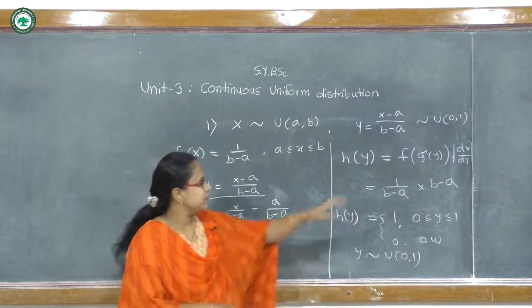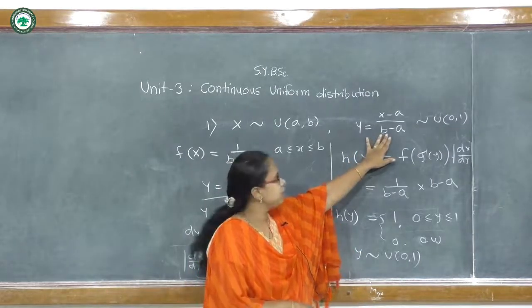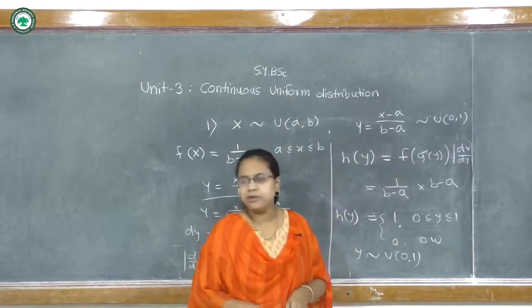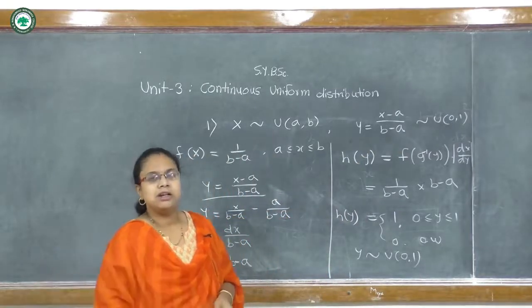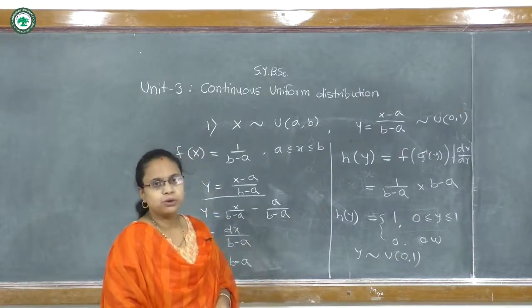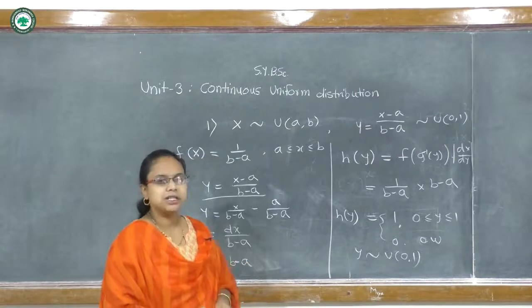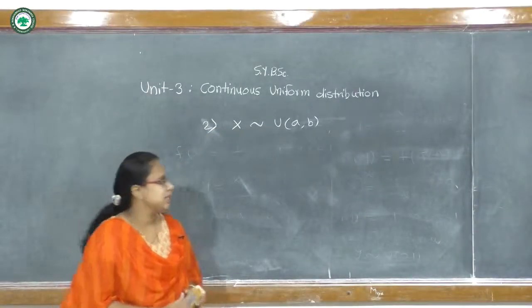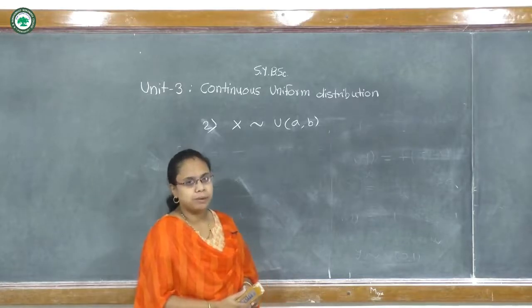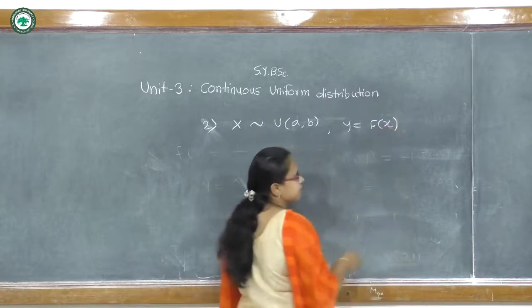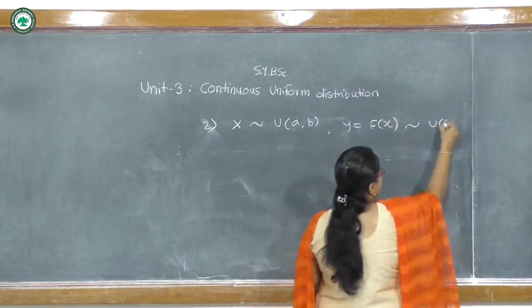We can see that this is the CDF of the uniform distribution and it follows the standard uniform distribution. We will prove in general that the CDF of any distribution has the uniform 0, 1 distribution. So the second result is, if X follows uniform a comma b, then Y equal to the CDF of X follows uniform 0, 1.